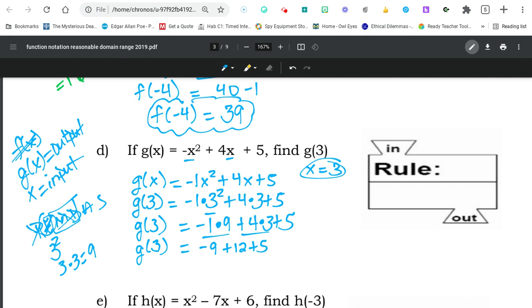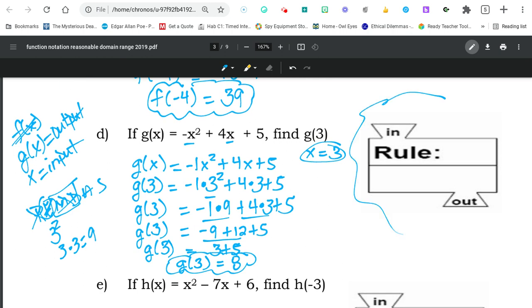Now I can take care of my addition and subtraction from left to right, or you can group up your positives and group up your negatives. I'm just going to do it from left to right. Negative 9 plus 12 is 3. And 3 plus 5 is 8. So I know G of 3 is equal to 8. In other words, when I put in a 3, I get out an 8.